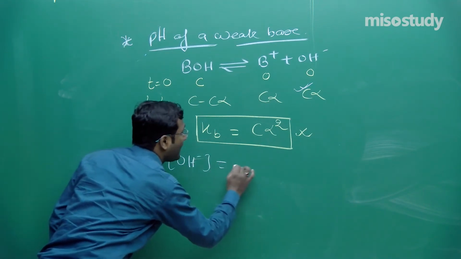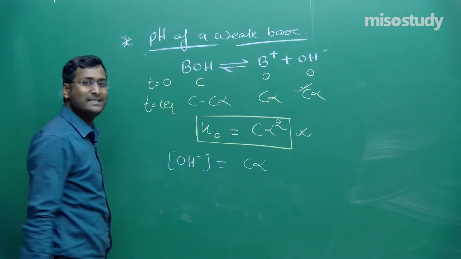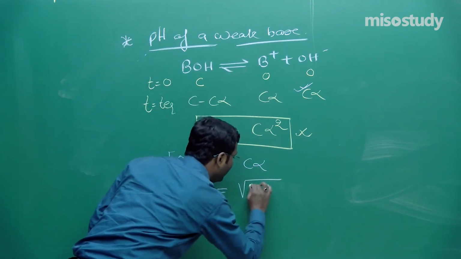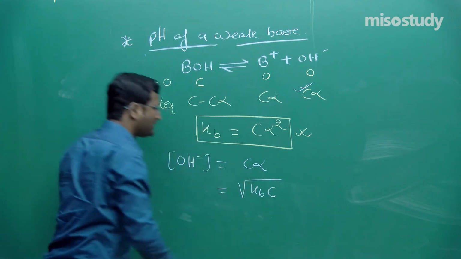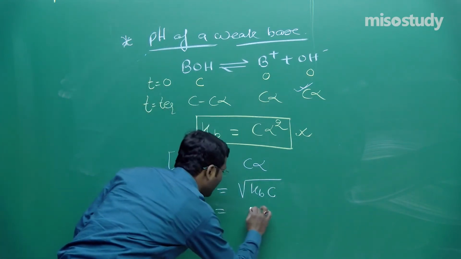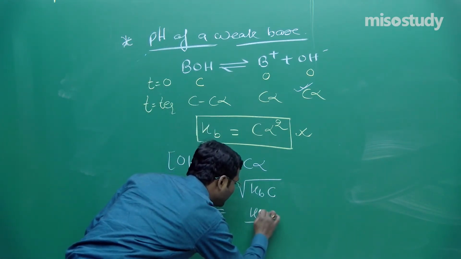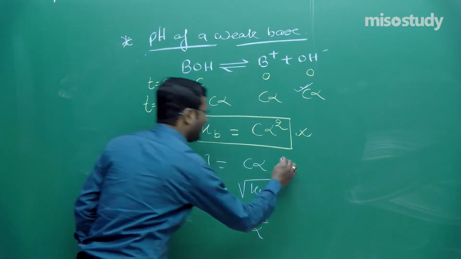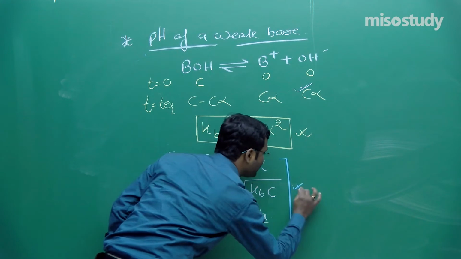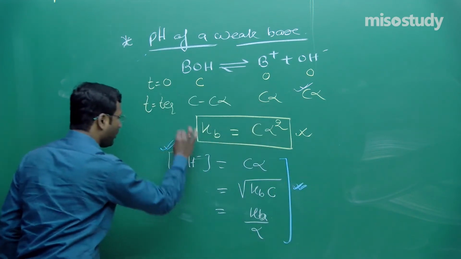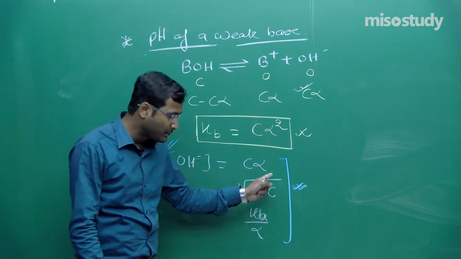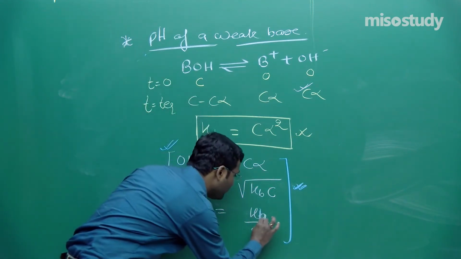Concentration of OH minus ion is equal to C alpha. In terms of Kb, it will be written as root of Kb into C, and in terms of Kb and alpha, that is written as Kb upon alpha. This is the standard expression of OH ion concentration in terms of degree of dissociation and equilibrium constant.